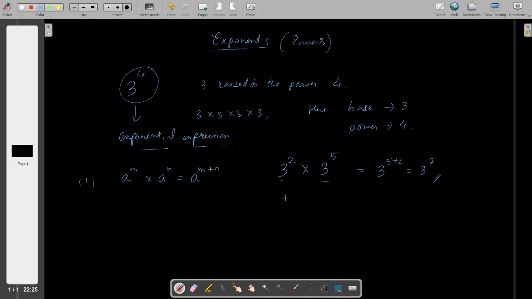Now what happens if it is 3 to the power 2 into 3 to the power minus 1? Since the base is the same and there is multiplication, we will add: 2 plus minus 1, that is 2 minus 1, so 3 to the power 1.